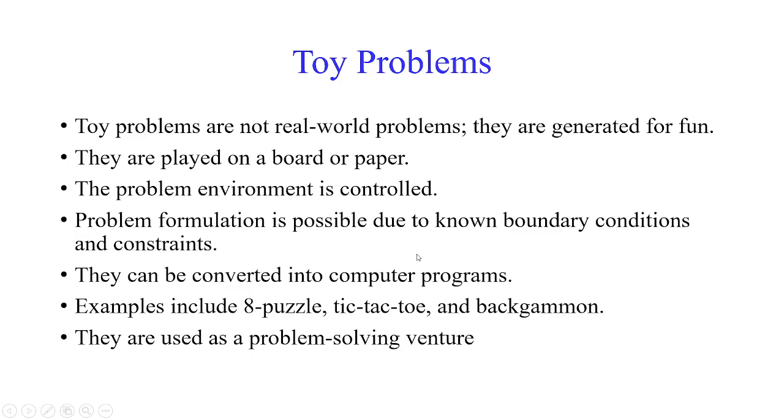Based on this, we have discussed a lot of problems: monkey and banana, missionary and cannibal, eight puzzle, water jug. So many problems we have discussed. Now we will move into the tic-tac-toe problem. That is the discussion session of today's toy environment.